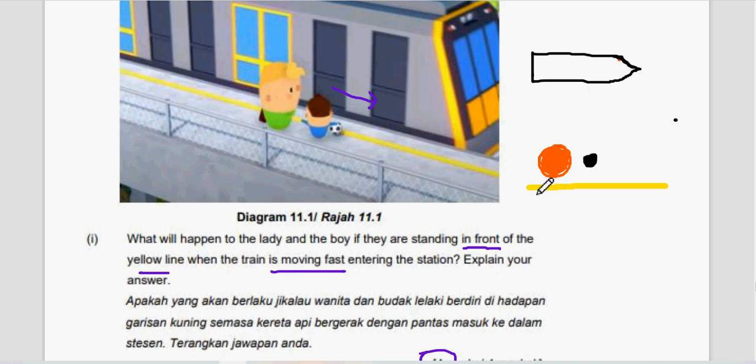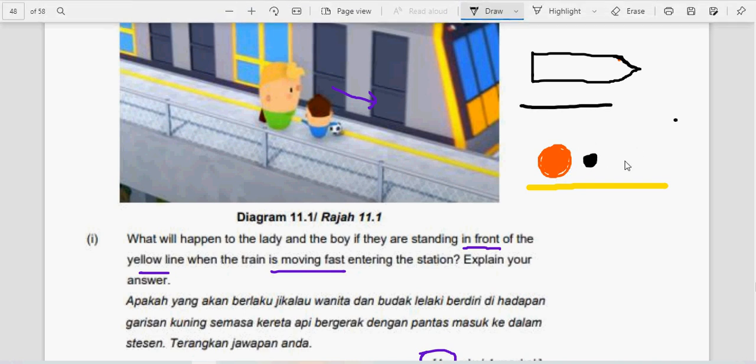Now you can see cikgu dah lukis garis kuning. Now they already langgar peraturan, berdiri depan line kuning. So what happen is the velocity of air here, okay, will be higher, and the pressure, the air pressure in between them will be lower.